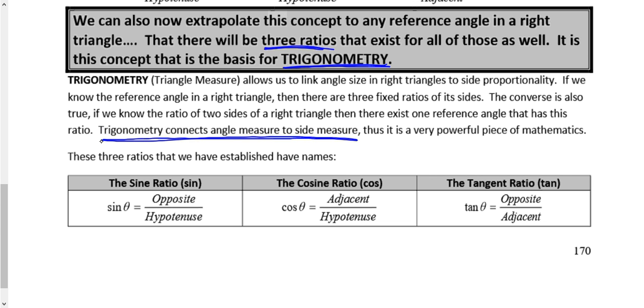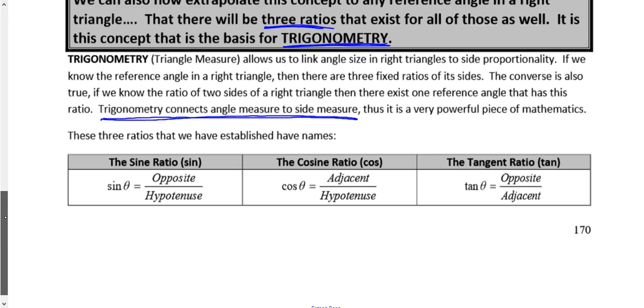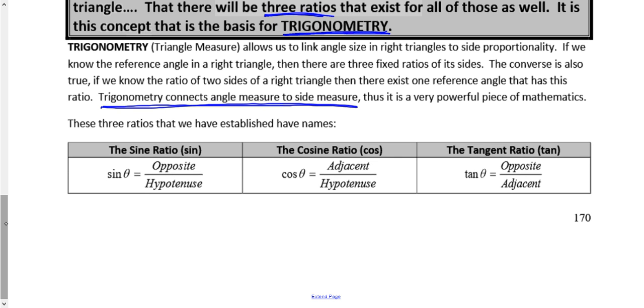So here we go. Here's sine, we abbreviate it sin theta, opposite over hypotenuse. Here's what kids used to remember: S equals O over H. Cosine is adjacent over hypotenuse, C equals A over H. And tangent equals opposite over adjacent. Some kids like to use this to memorize this stuff.